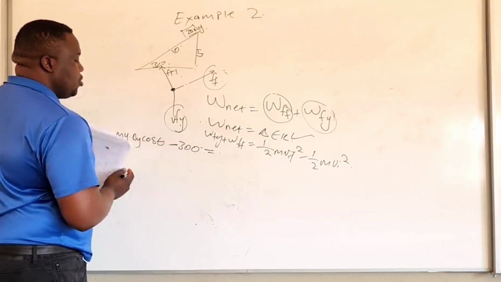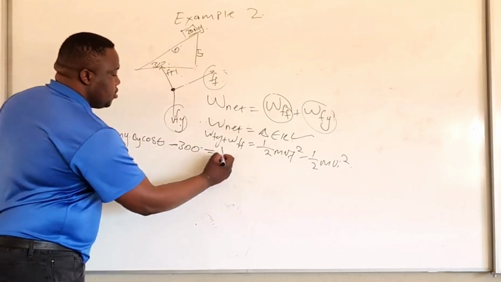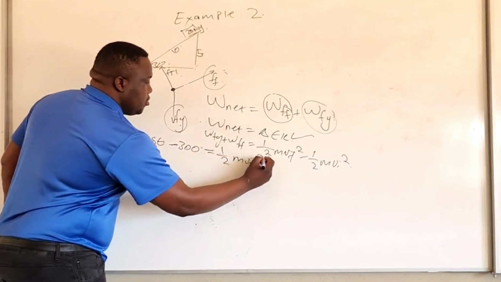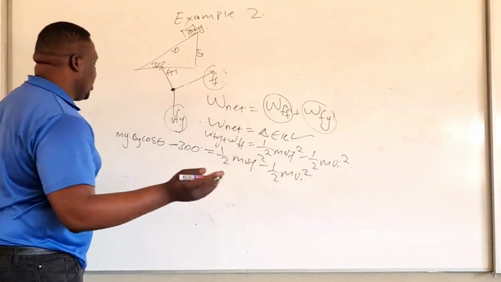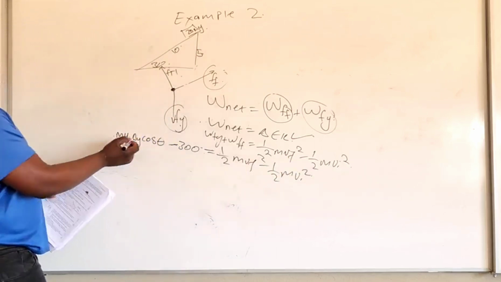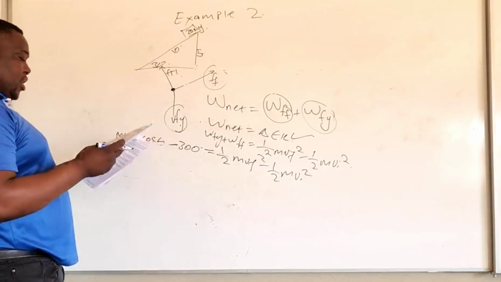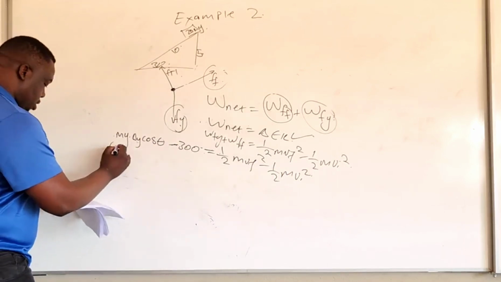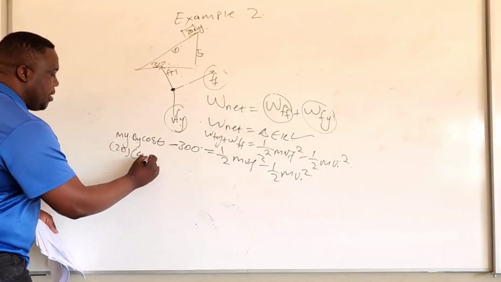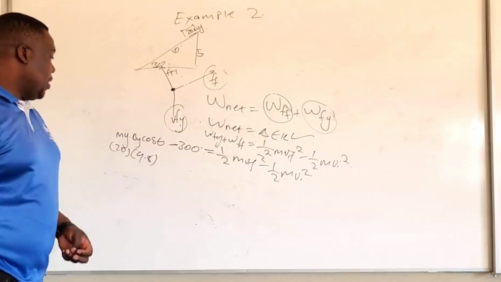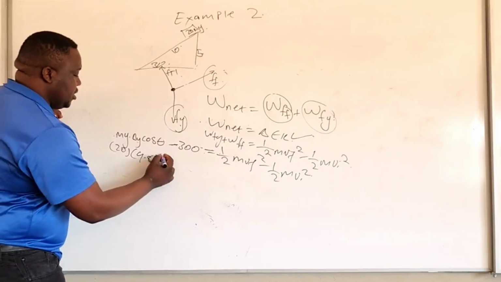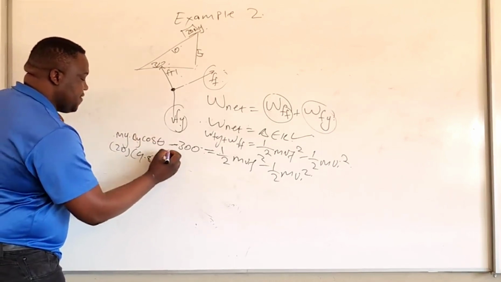This one is going to be minus. Then, before we make any substitution, I'm writing it in a long way so that we can understand. You can see I wrote delta y, meaning that I want to use the height. I'm going to say 20 multiplied by 9.8. What I'm holding here is the equation. 20 multiplied by 9.8. The height is 5.